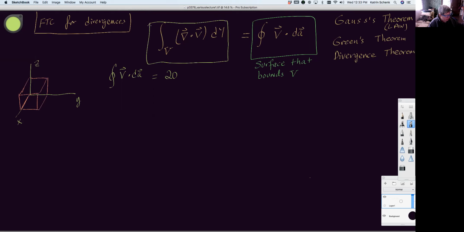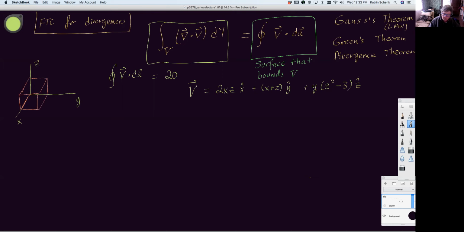Let me write down what V was. So what was V? Our vector field for this case was 2xz in the x hat direction, plus x plus 2 in the y hat direction, plus yz squared minus 3 in the z hat direction.